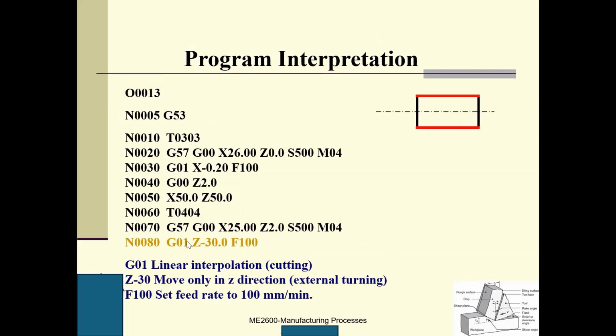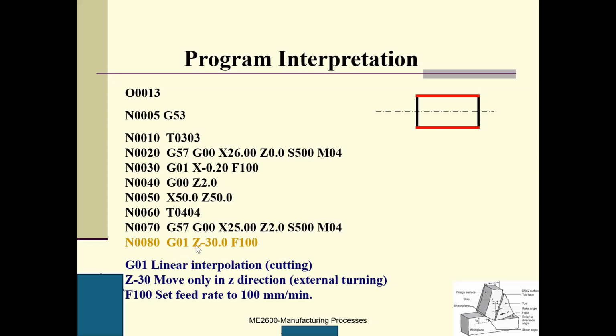Next one is G01. G01 is linear movement cutting onto this place. If I don't have an X position, that means the X coordinate remains the same. You understand? If I do not have a new X coordinate, that means my X coordinate does not change from my previous statement.